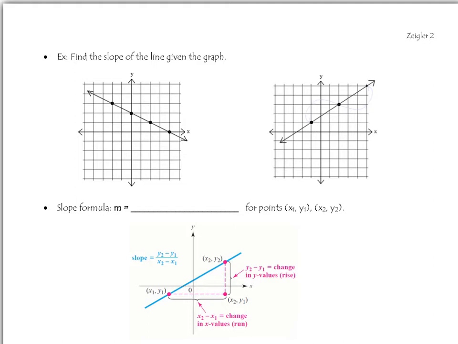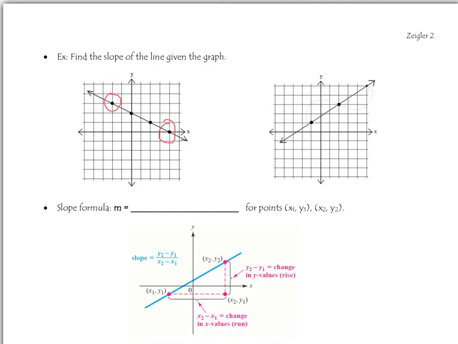So we can take any 2 points on the left. We can take this one and this one, or any other 2 points. And what we need to do is find out how far it rises. Well, in this case, it falls. From up here it falls 1, 2, 3 points. And then how far it runs.